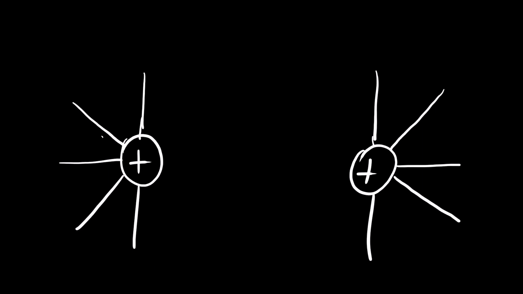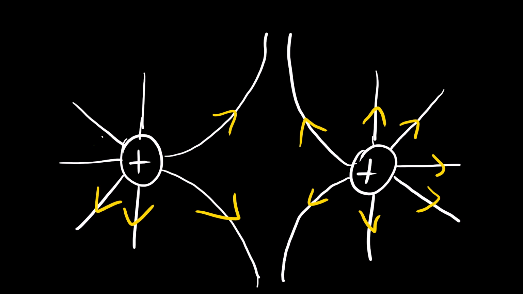And then from there, we call this force of repulsion. Since we have positive and positive, both of them will be away. For negative and negative, there will be force of repulsion, but the difference will be the direction of these arrows. Instead of away, it will be towards.